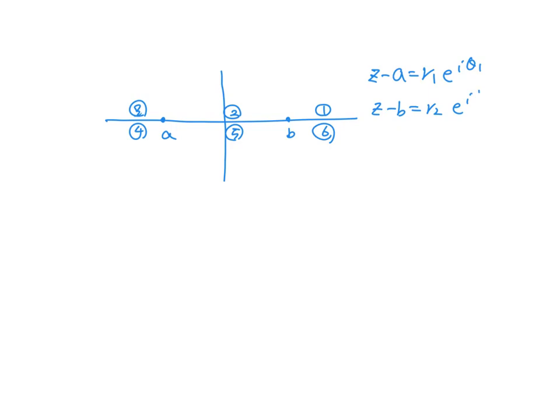So I'm going to do some analysis. A, this is B. We are going to consider six different regions: 1, 2, 3, 4, 5, 6. z minus a is r1 exponential i theta 1, z minus b is r2 exponential i theta 2.